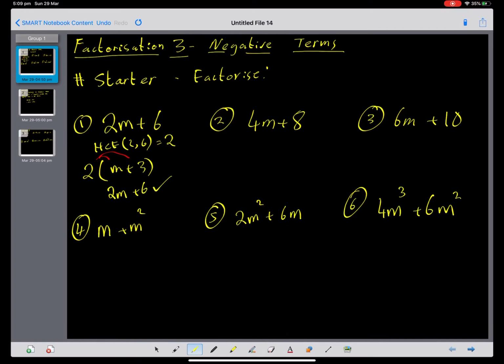So we know that this is the correct factorisation. Hopefully you can deduce the highest common factor in your head and do the expansion in your head also to make sure that you have the right answer. Okay, so most of these, if you've had enough practice, can be done by inspection.